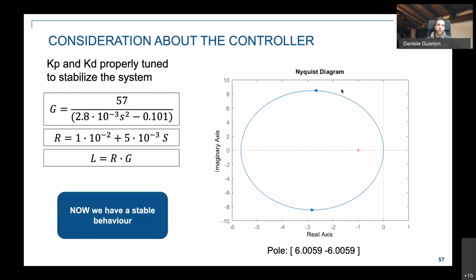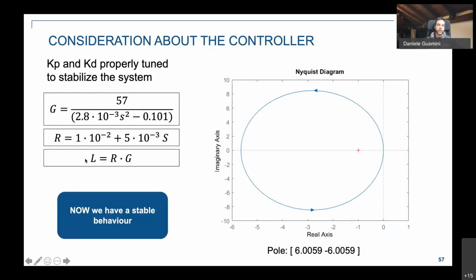So we have our G, the same as before, with the numbers substituted into the variables. We decide to use this controller, with Kp equal to 1 multiplied by 10^-2 and Kd equal to 5 multiplied by 10^-3 for the derivative part.